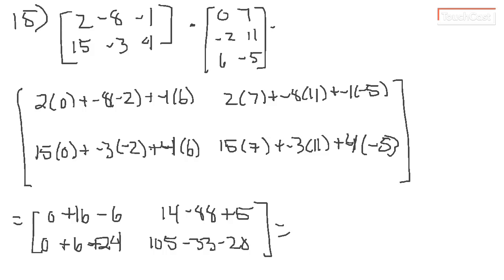Now we can combine things with the addition and subtraction. We're going to end up with the resulting matrix of 10, negative 69, 30, and 52.